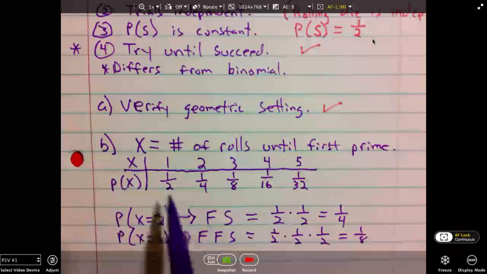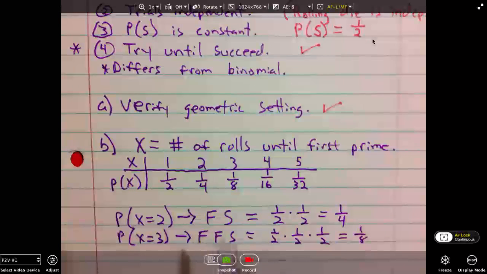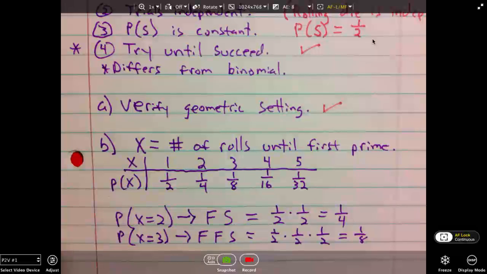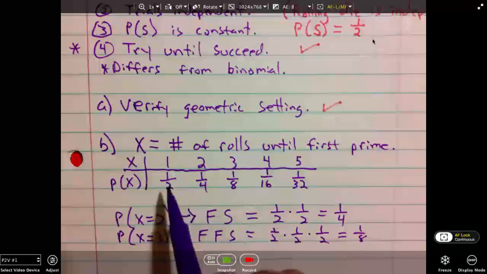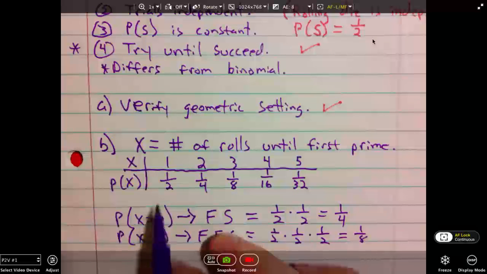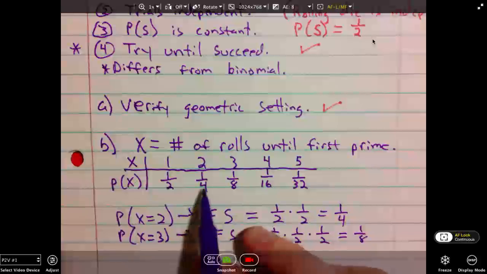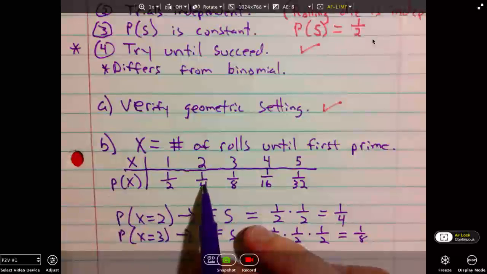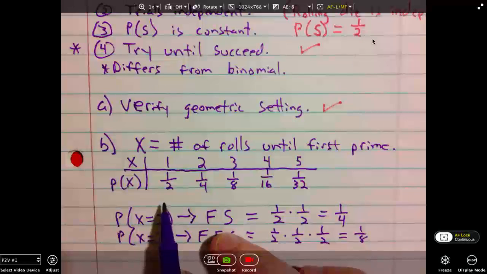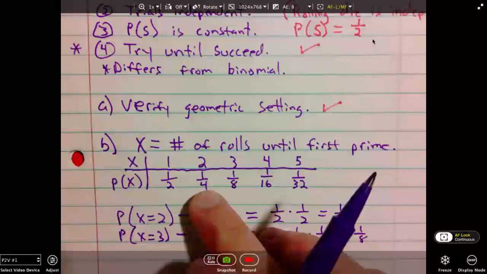No matter what the probability of success is, the most likely single roll for success is the first roll. And if you think about it, that makes sense. Let's assume that the probability of success was 0.9. The chance that we would succeed on the first roll would be 0.9. The chance the first success would be on the second roll would be 0.1, that is, we fail here, and then 0.9, we succeed here.